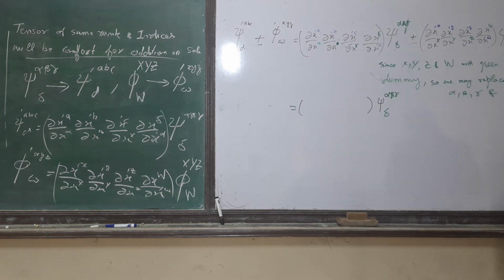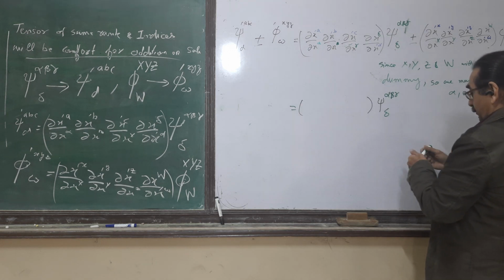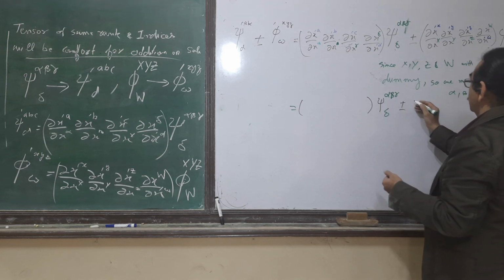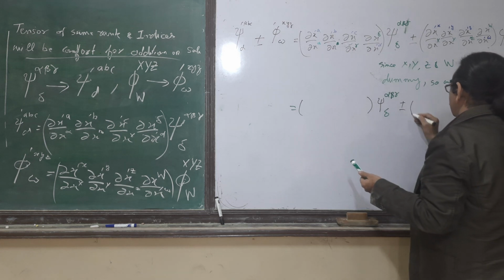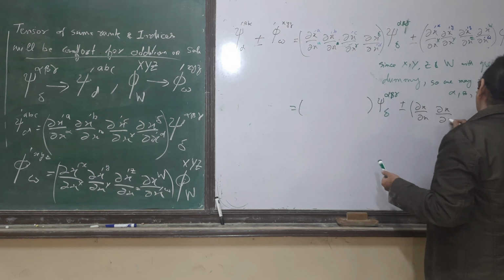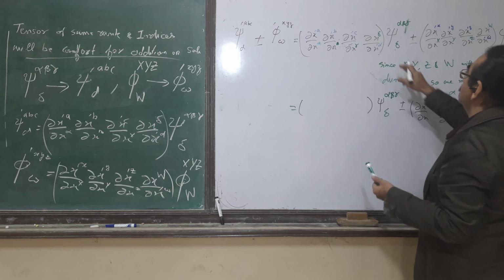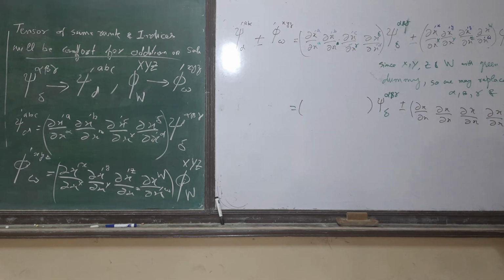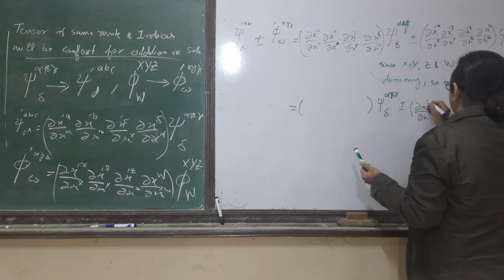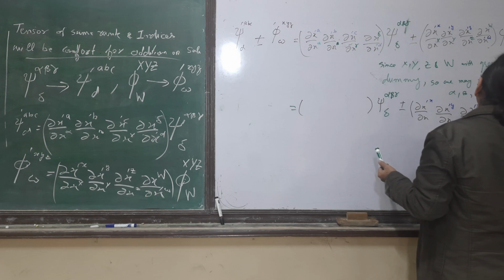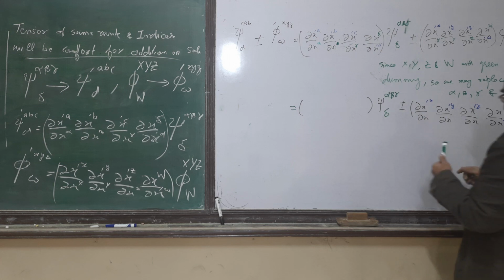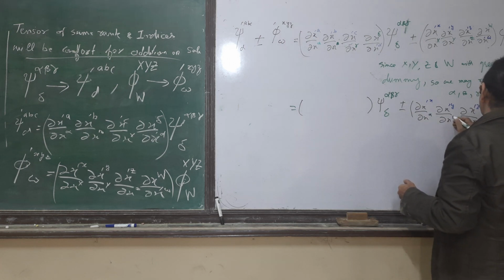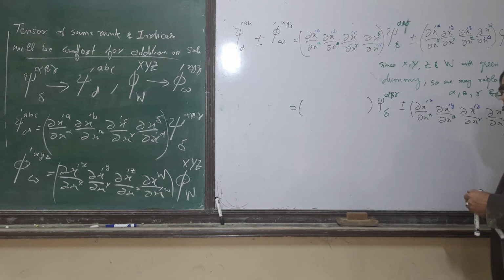I'm not changing anything at the left side, but on the right, plus minus sigma, alpha, beta, gamma, sigma, and this is alpha, beta, gamma and sigma. Okay. So may we write it this way?